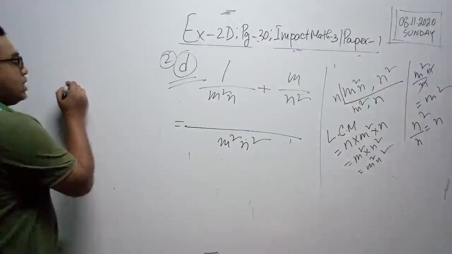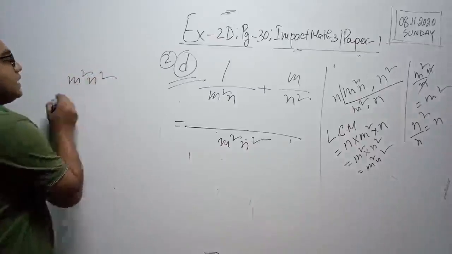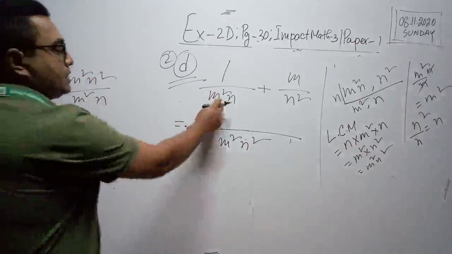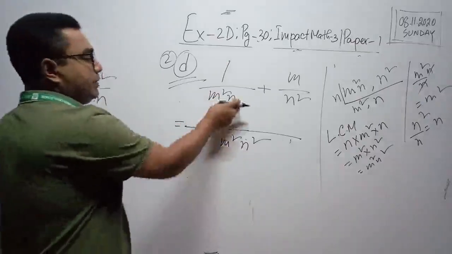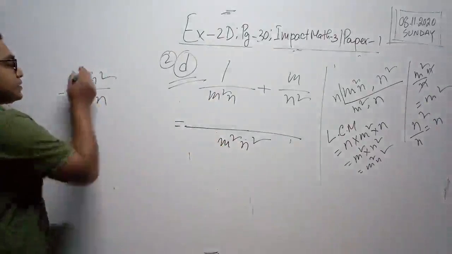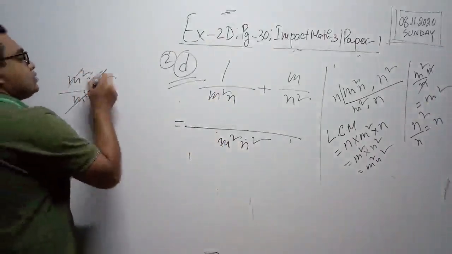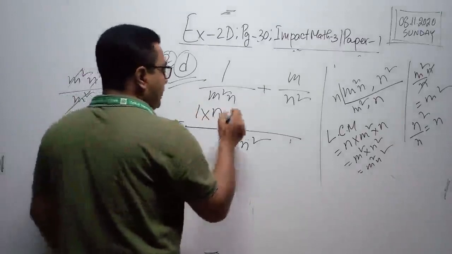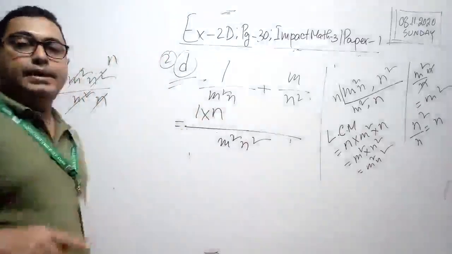Now m square n square divided by the first denominator, m square n. That means the LCM will be divided by the first denominator. n goes into n square n times, so 1 will be multiplied with that n.